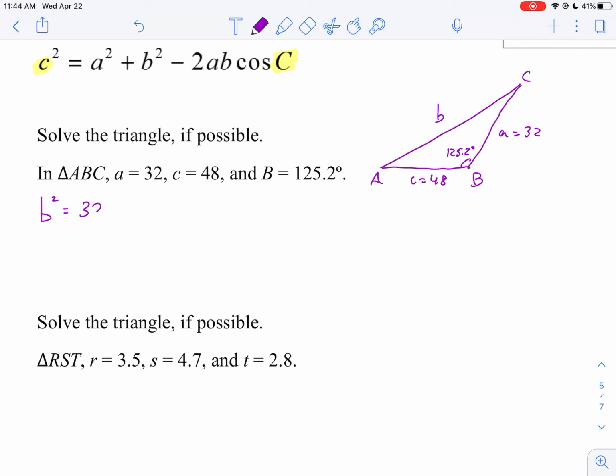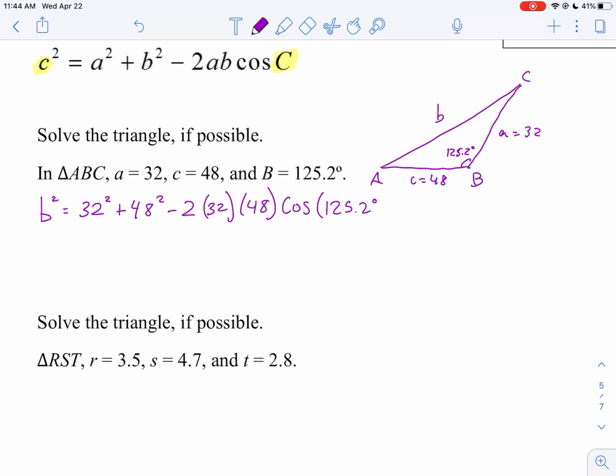So I've got the one side, now I need the other 2 sides. 32 squared plus 48 squared minus 2 times 32 times 48 times the cosine of angle B, 125.2. All right. If you take a look, probably one mistake that I often see students making is they try to plug all of this into the calculator.